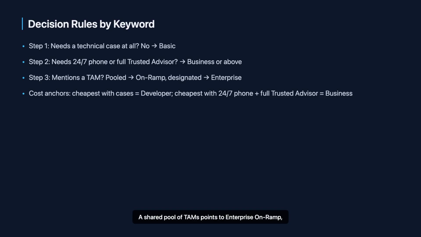A shared pool of TAMs points to enterprise on-ramp, while a designated dedicated TAM means enterprise. Keep 2 cost anchors in your back pocket for the price-sensitive wording. The cheapest plan that allows technical cases is developer, and the cheapest with 24/7 phone and full trusted advisor is business. Run that flow top to bottom and the tier falls out.